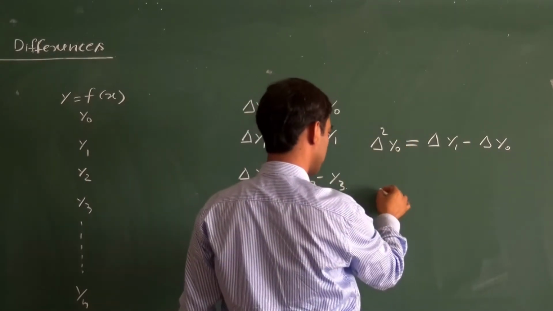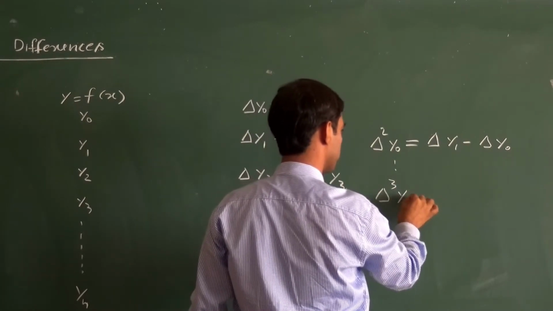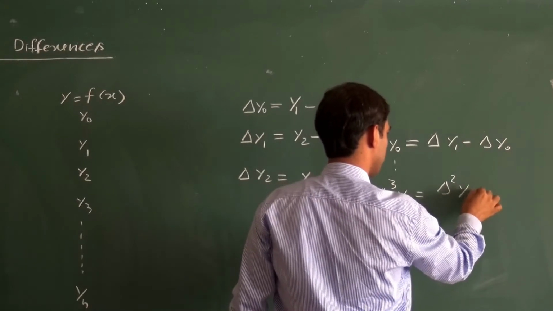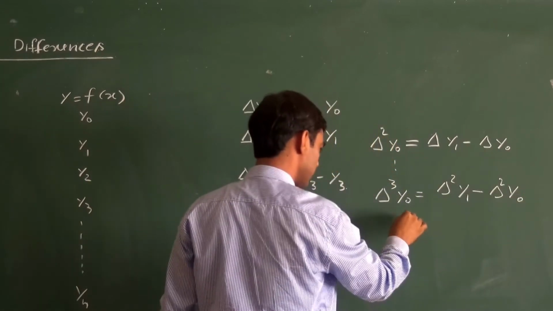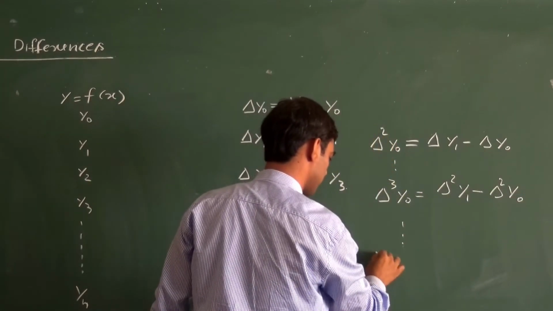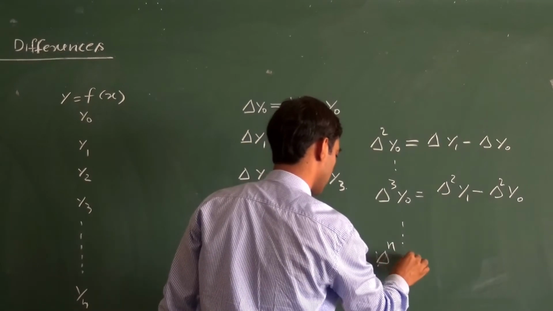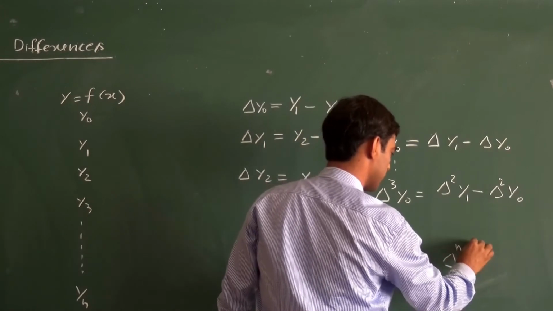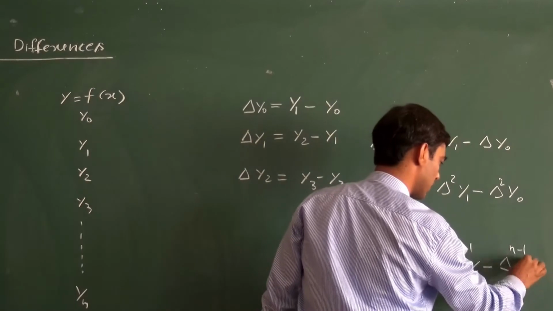Similarly, the third order difference is del 3 y0 equals del 2 y1 minus del 2 y0. And in this continuation, if we define the nth order difference, del n y0 is del n minus 1 y1 minus del n minus 1 y0.